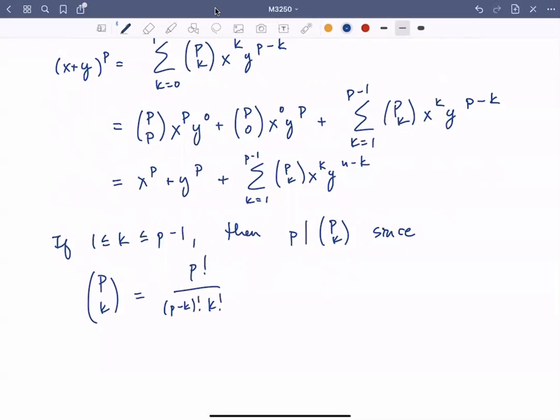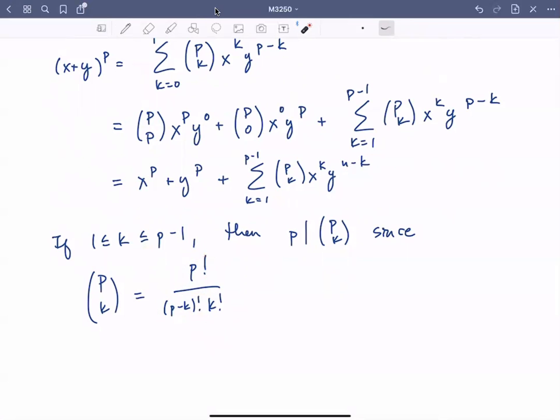Remember that primes have the property that the only divisors are themselves and one. The only way you could cancel this prime up top is if you had a prime down below. That can only happen when this term has a p in it, which happens when k is 0, but we've eliminated that because k is starting at 1. Or when this term has a p in it, which happens when k is p, but we've also eliminated that.